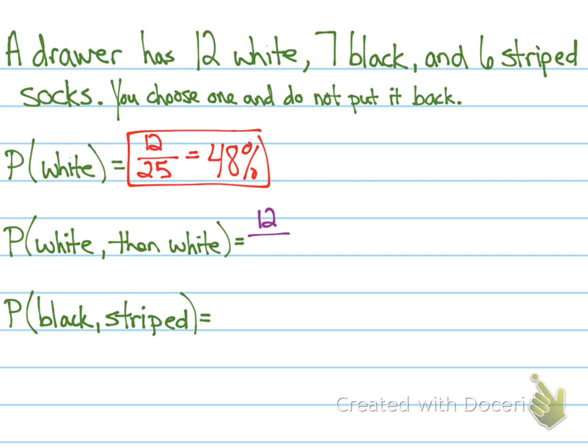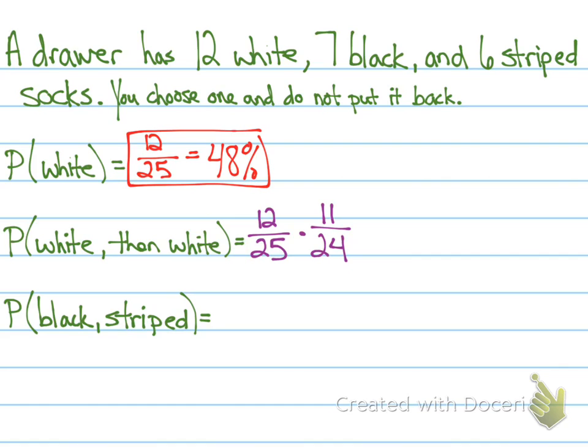We just said that the probability to choose a white sock is 12 over 25, but what's going to happen if I choose a white sock and don't put it back? How many white socks do I now have to choose from for my second event? If I picked one and I didn't put it back, how many are left? 11. Out of what is my total? Nope. I picked one. 24.